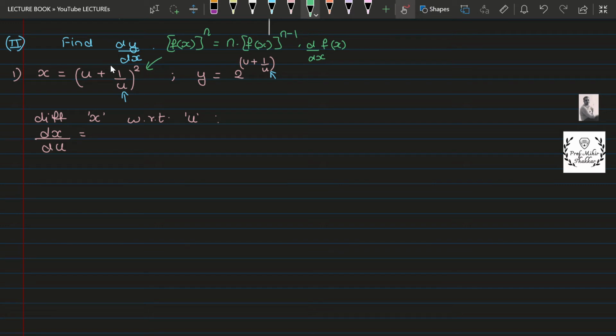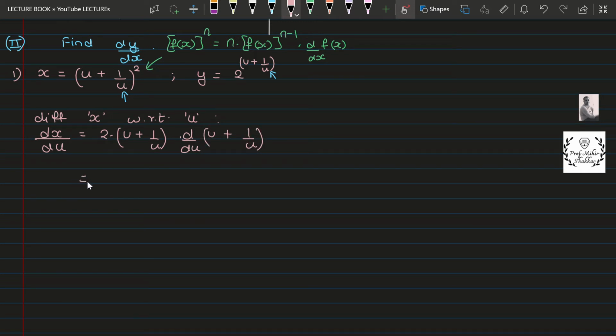I consider the entire bracket u plus 1 by u as your f(x). Therefore, 2 into u plus 1 by u to the power 2 minus 1, which is just 1, multiplied by the derivative of u plus 1 by u.